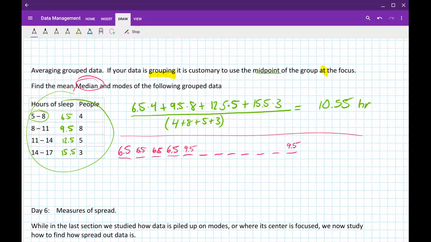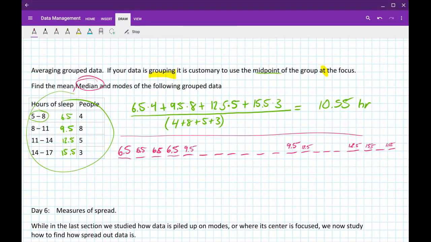And then I've got 5 people with a 12.5, okay? And then I got 3 people with a 15.5, okay? You can kind of take a look at this.